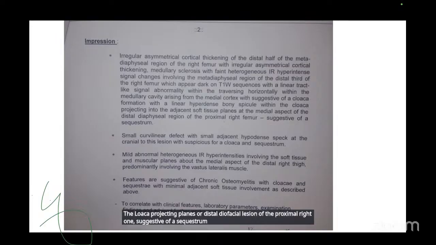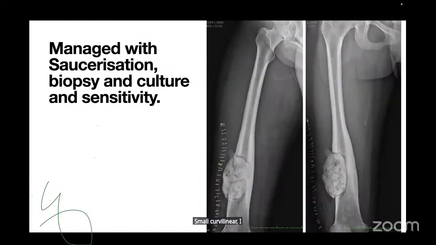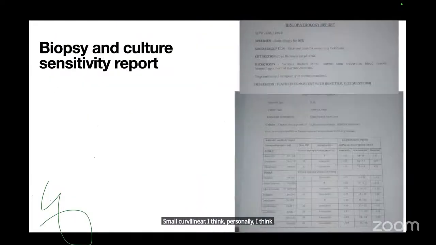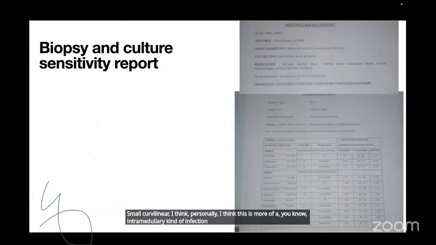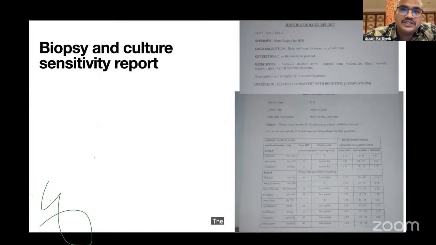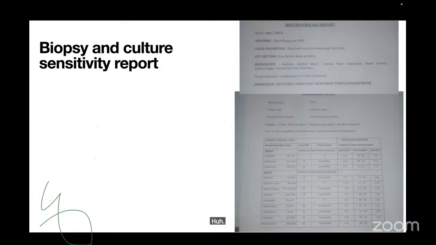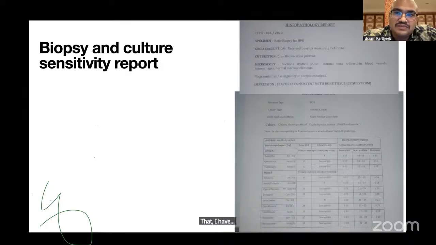Small curvy linear. I think, personally, this is more of an intramedullary kind of infection. This is the histopath report, sir. After saucerization, a 7x4x3 centimeter bone was received, and features are consistent with bone tissue sequestrum.